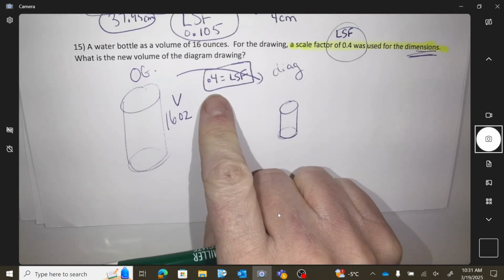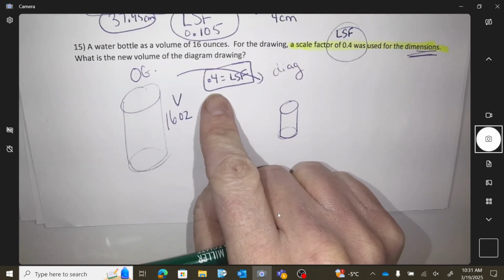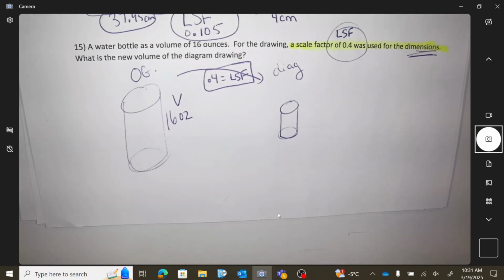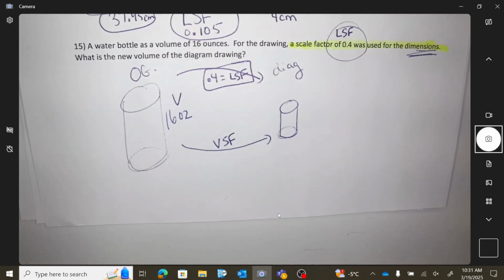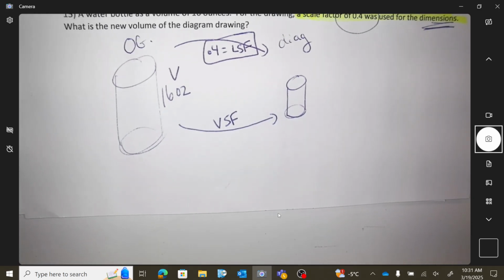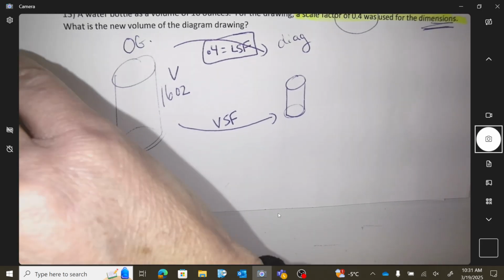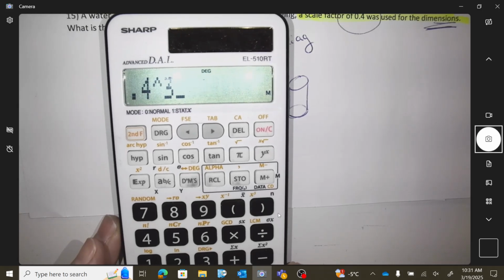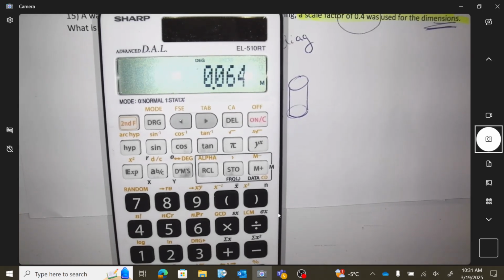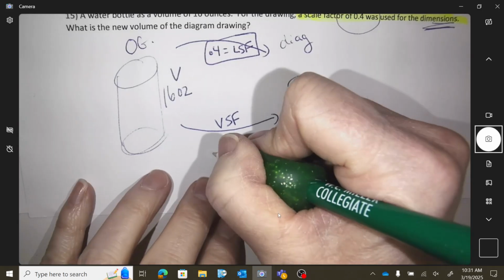So what is the scale factor about how the volumes would change? How do I go from linear to volume? You cube it. So 0.064.